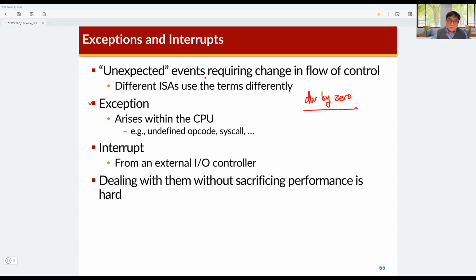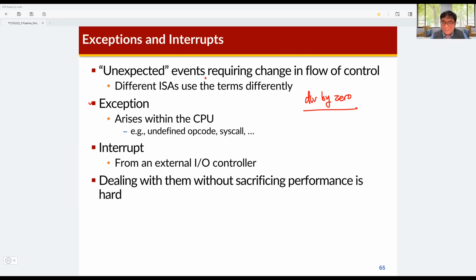So sometimes the interrupt is not an unexpected event, but it's a rare event. But interrupts are also handled like exceptions. Okay, so this is the meaning of the exception and interrupt. And in the next class, we will learn how these exceptions and interrupts are handled by the pipeline processor. Okay.